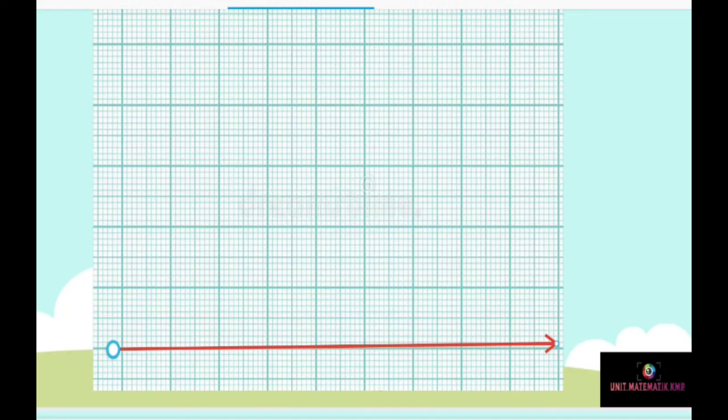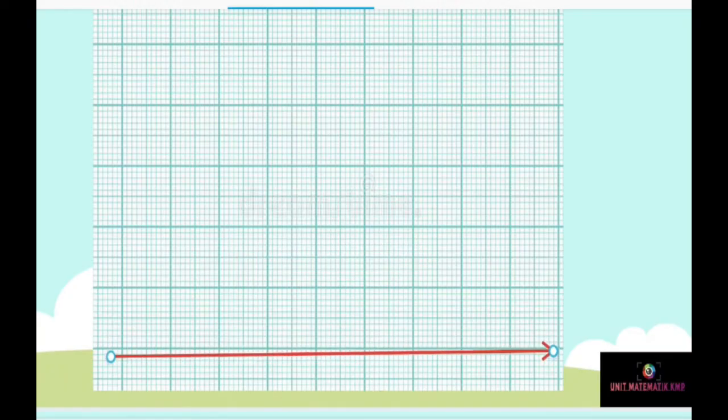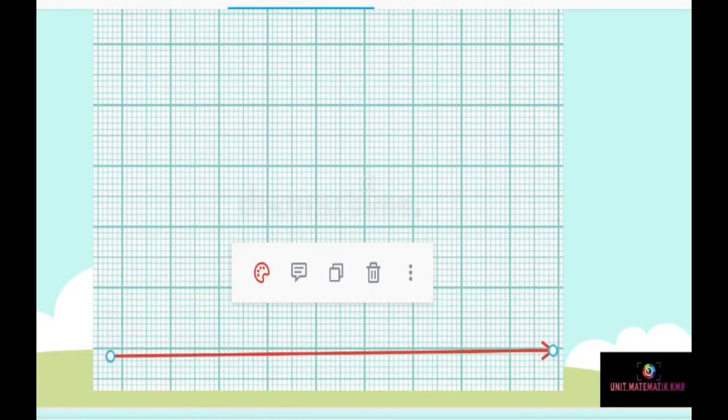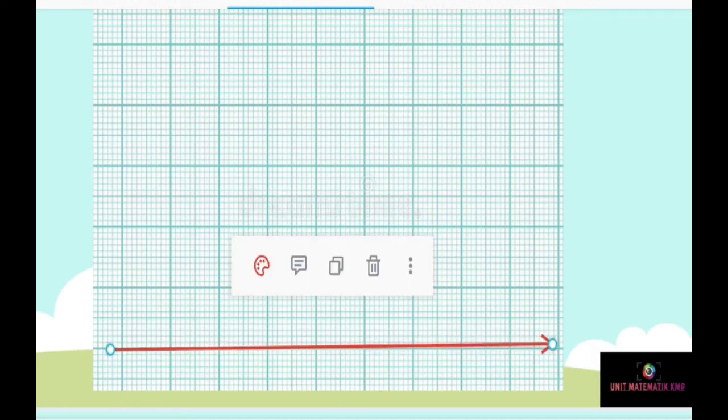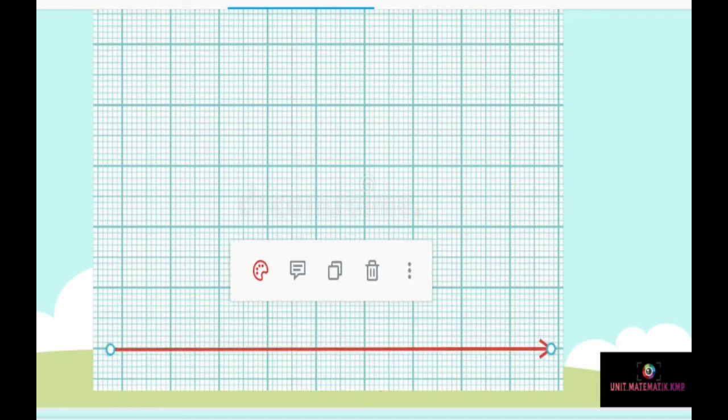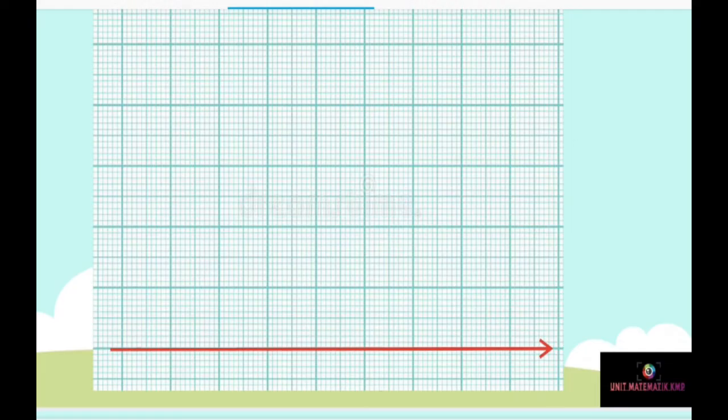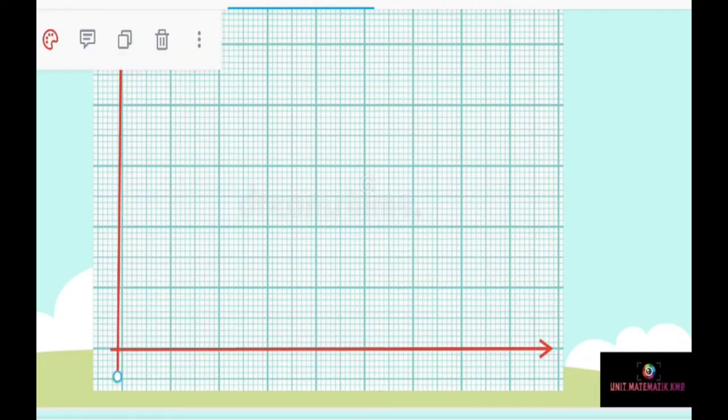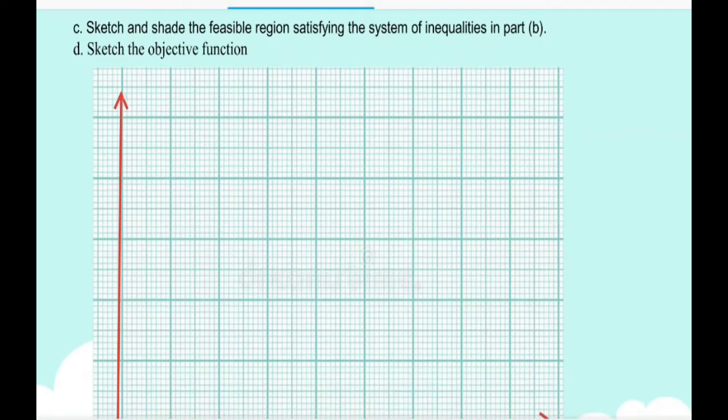Make sure when you want to sketch the linear programming graph, use graph paper and use a ruler. This is the y axis. Oh, sorry.